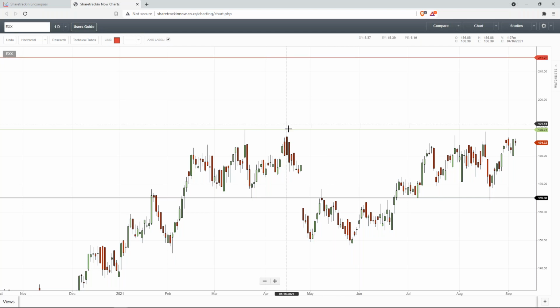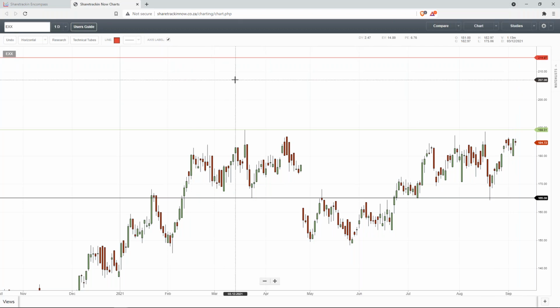So that's the potential upside that the share can reach. That's for a share that's approaching the level. If it approaches the level and breaks through, it's got a potential upside to go all the way up to that red line that we've drawn in. That's if you're trading upwards.